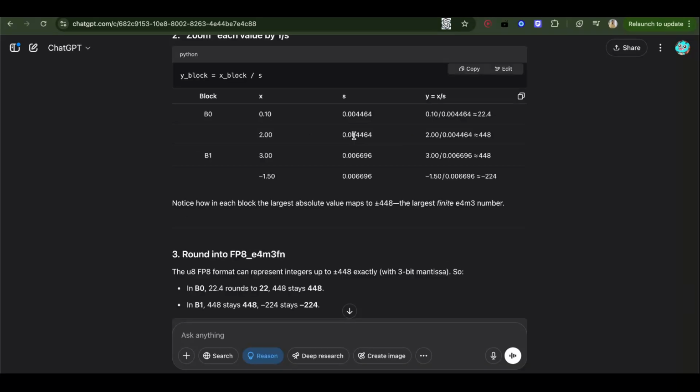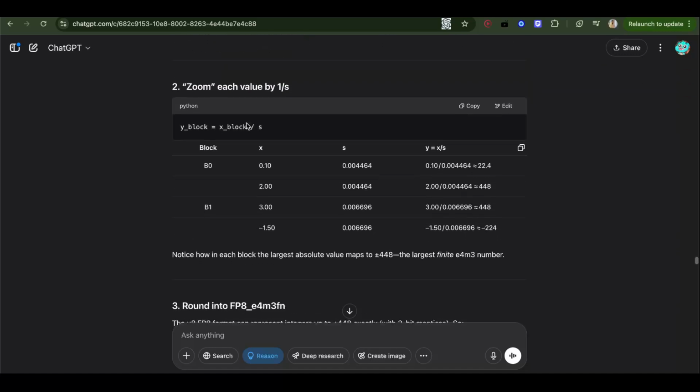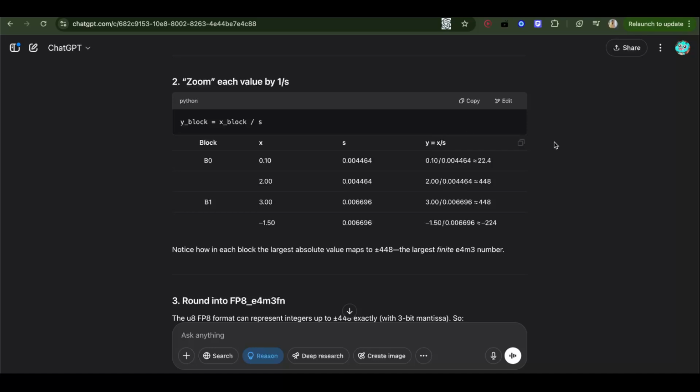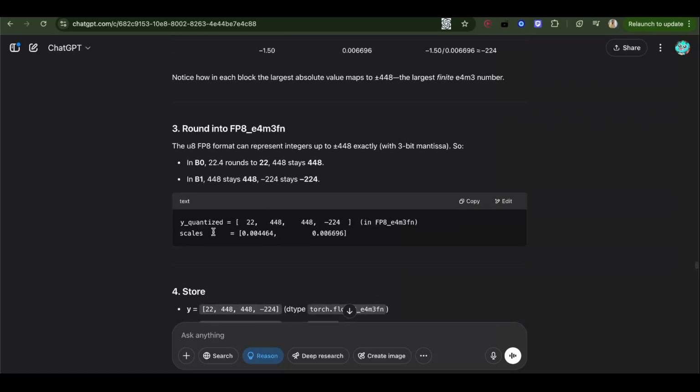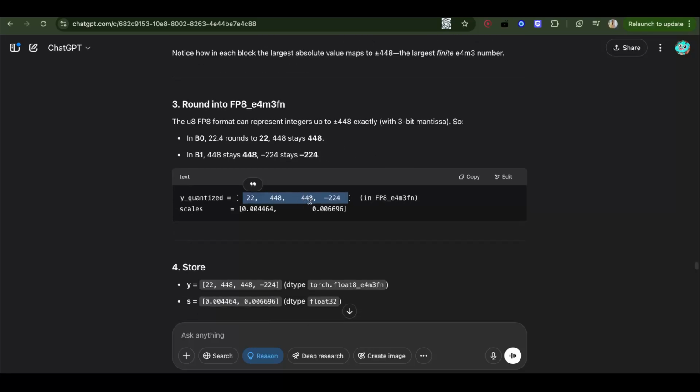To return to our example, we are calculating these numbers in the array, scaling them. So we scale the original number with the scale value. We get 22.4, but this number will get rounded to 22. Other numbers can accidentally be represented according to ChatGPT, so we will trust it.